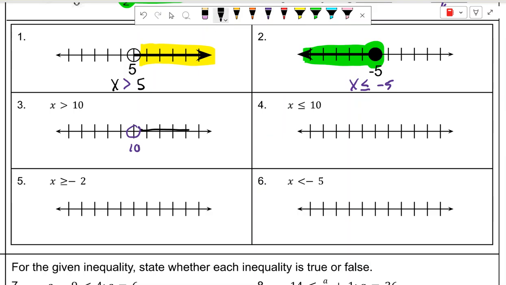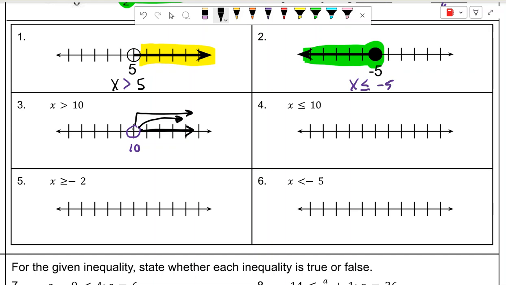You can color it in thick like this, like you've been seeing, or you can go straight up and over, kind of like a 90-degree turn, or I've seen other styles just kind of curving out over the top of the number line. You're going to typically see me do the curve model, but all of those mean the same thing. Now this says x is greater than 10, and so all of my arrows are going to the right.